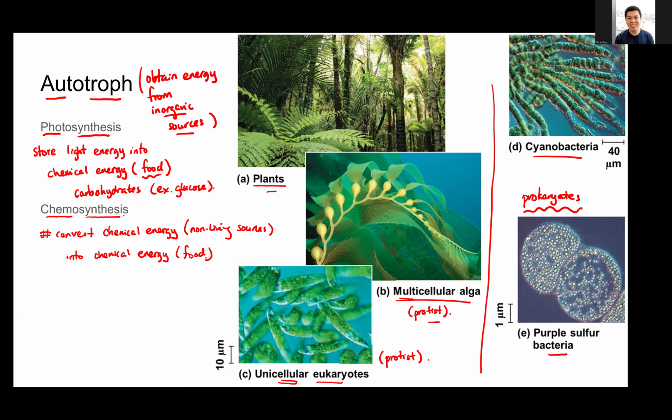These kinds of organisms are usually found deep underwater, where they do not have access to light, but they are very close to volcanoes, and the volcanic ashes contain chemical energy, and they have the enzymes to break down those inorganic sources and convert them into energy that they can use.